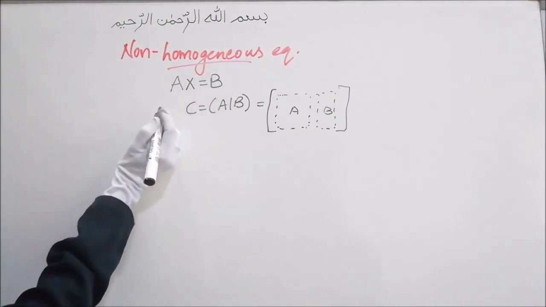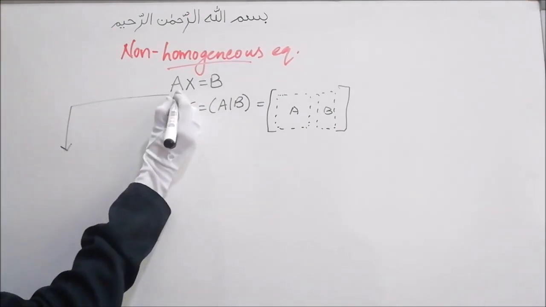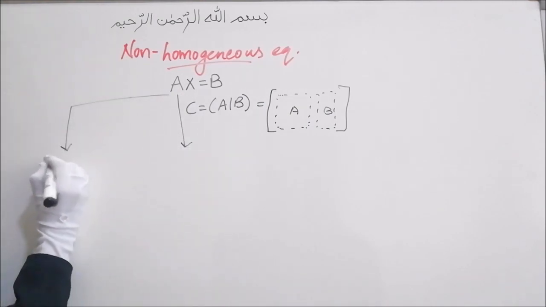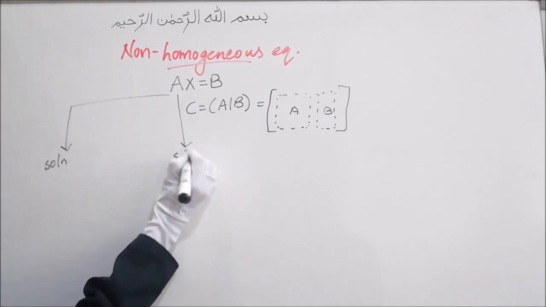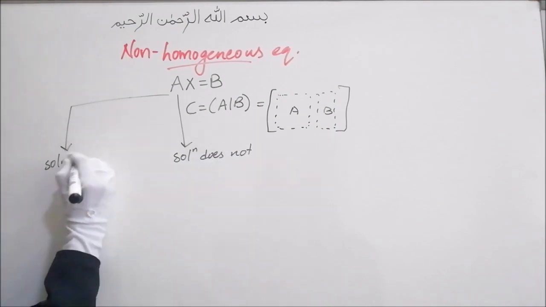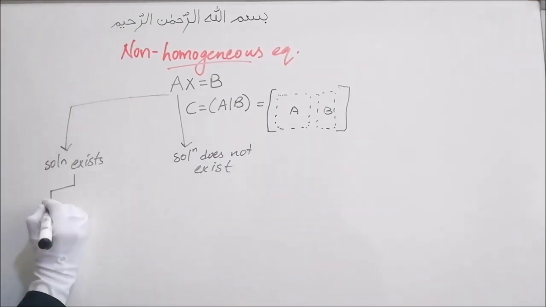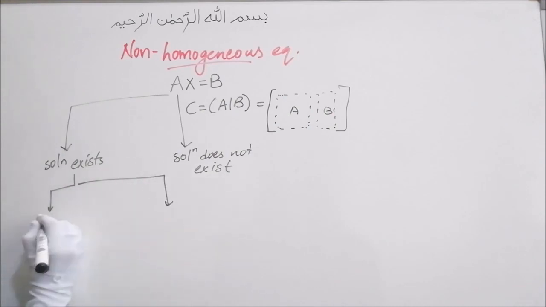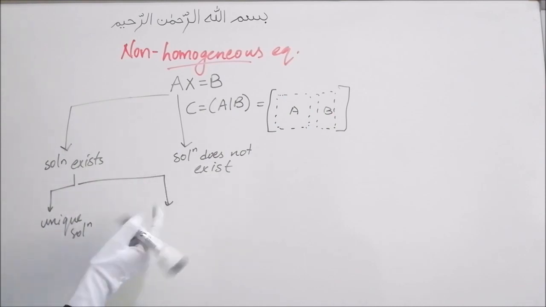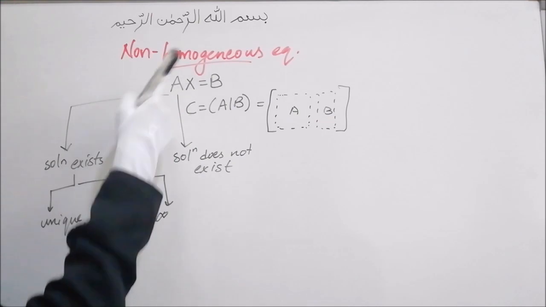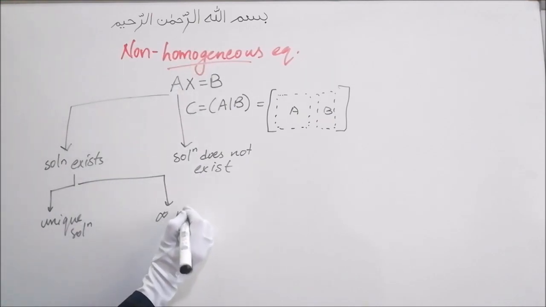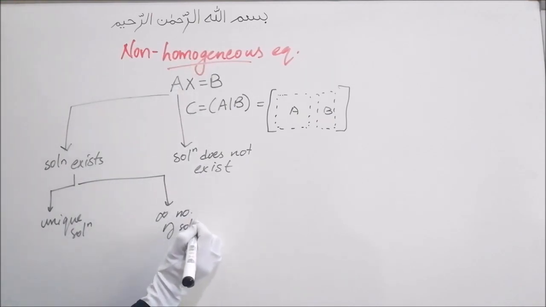Now these non-homogeneous equations can either have a solution or the solution may not exist. If the solution exists, it can be of two types. It could be a unique solution, or this equation could have an infinite number of solutions.